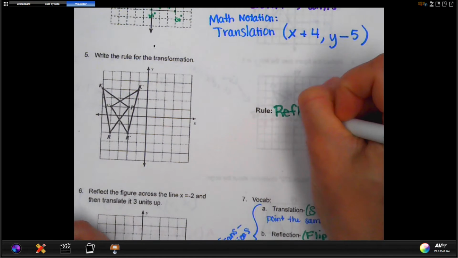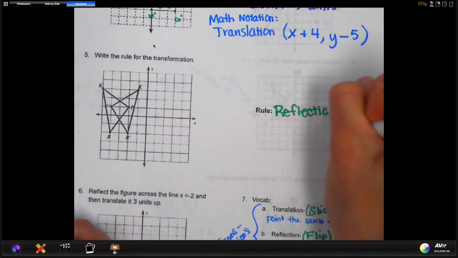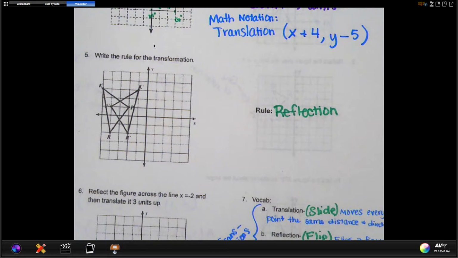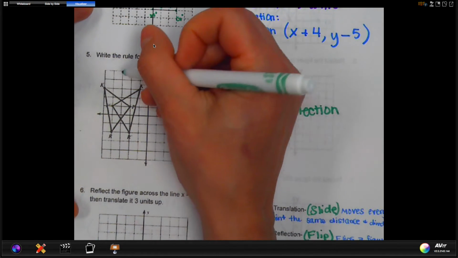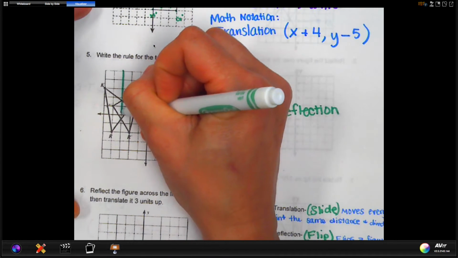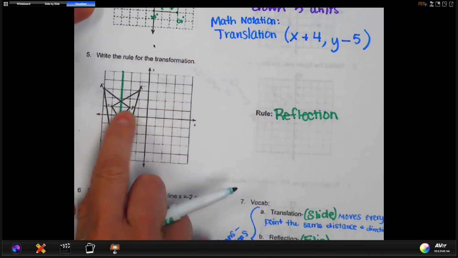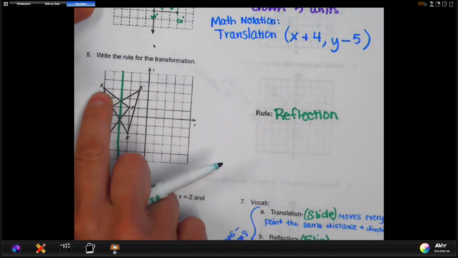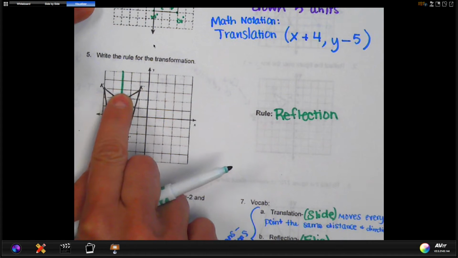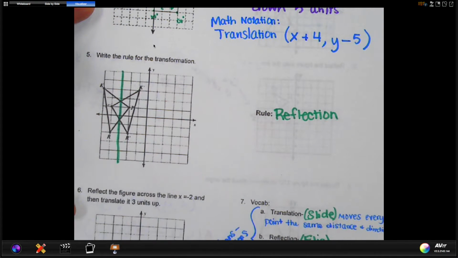Not only do we have to identify that it is a reflection, we need to identify over what line it is. So it's easiest to draw the line in first and then identify it. This is our line of reflection because it is making everything equidistant from it. So K is 2 to the left and K prime is 2 to the right.